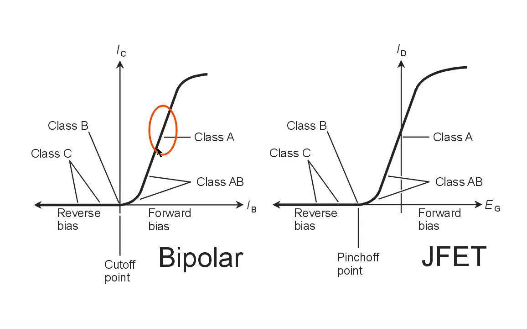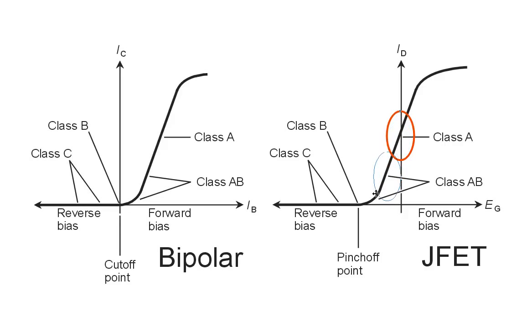In the Class A case, it's always going to remain within that straight line portion of the curve, so that the output waveform will always be a faithful reproduction of the input waveform, just bigger, hopefully, if we have an amplifier. That's represented by the slope of this curve. The steeper the slope, the greater the amplification will be in general.